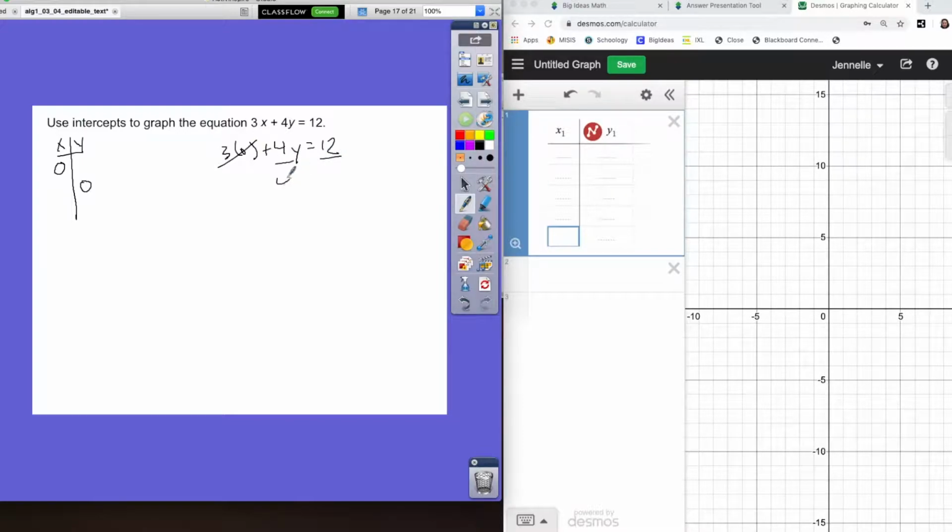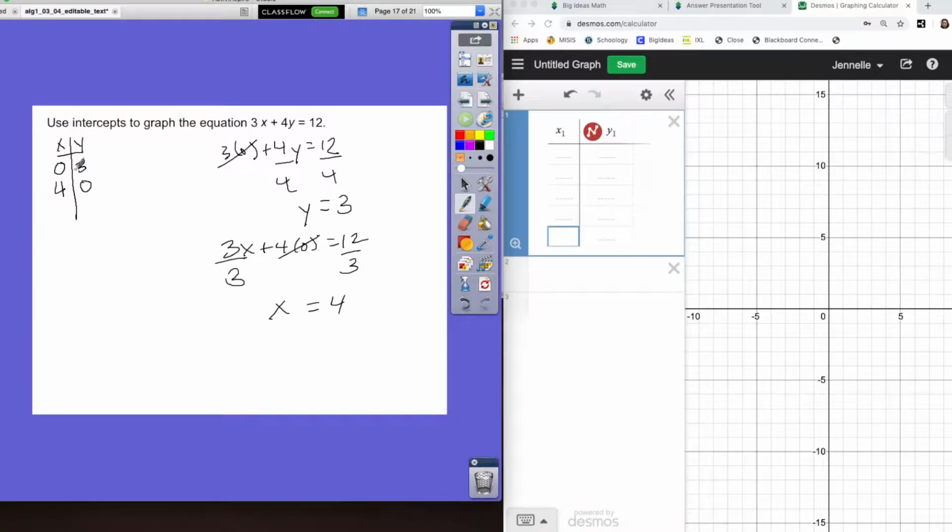I'm going to divide both sides by 4. And then y is going to be 3. Yay. So now, let's find when y is 0. So I'm going to put 3x plus 4 times 0 equals 12. That's just 0. I'm now going to divide both sides by 3, and then x is going to be 4.